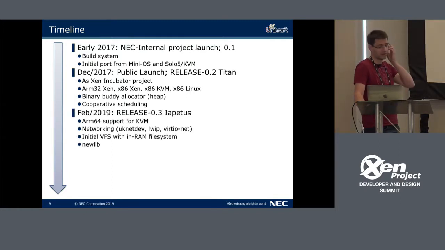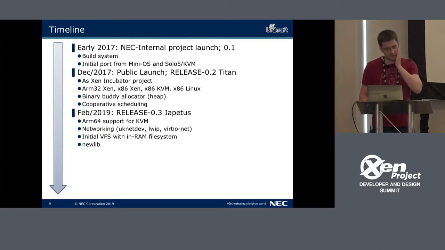In February 2019, we had the next release, so a bit longer than a year, like 1 year and 2 months or something, where also ARM was contributing with ARM64 support for KVM initially. We introduced networking.